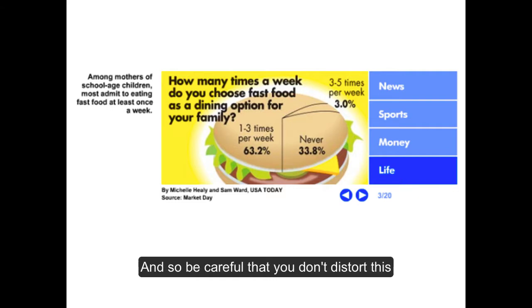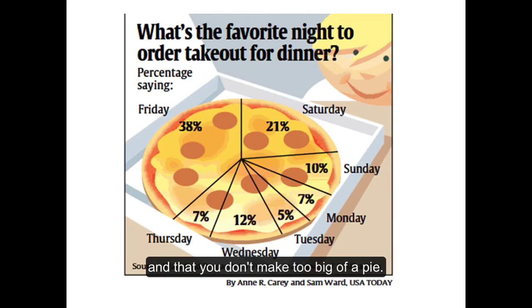And so be careful that you don't distort this and that you don't make too big of a pie. Here's another example. Again, where we're showing percentages, it's thrown in a little bit of perspective, not a whole lot, so I think it seems to be fairly accurate.